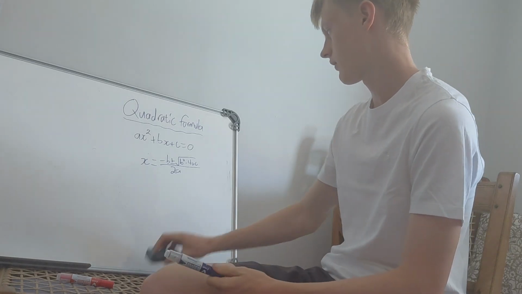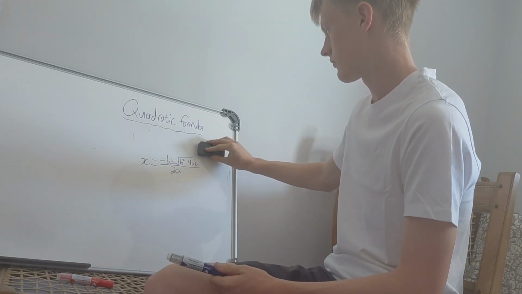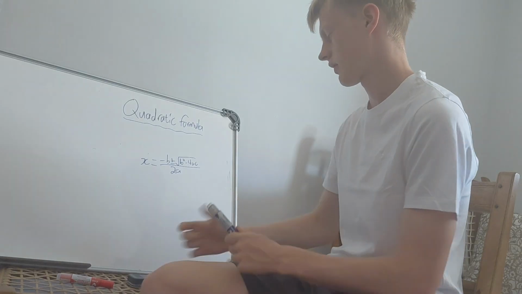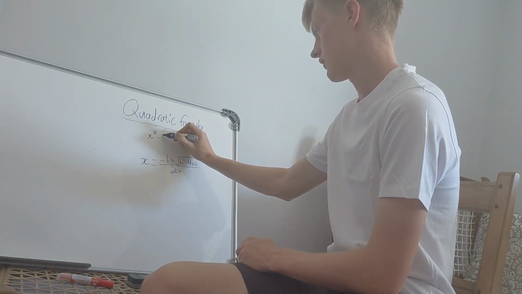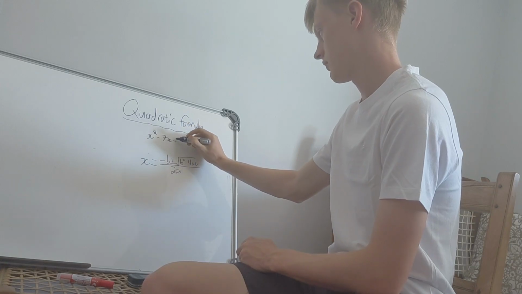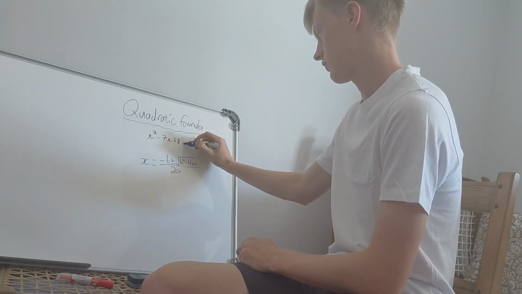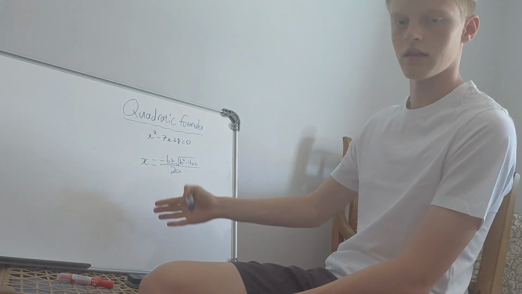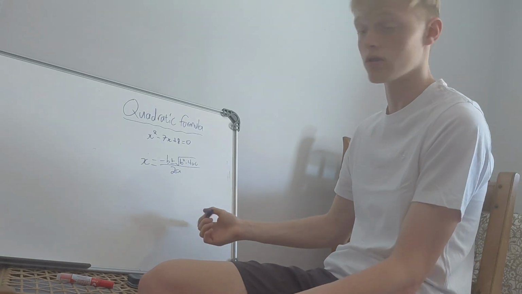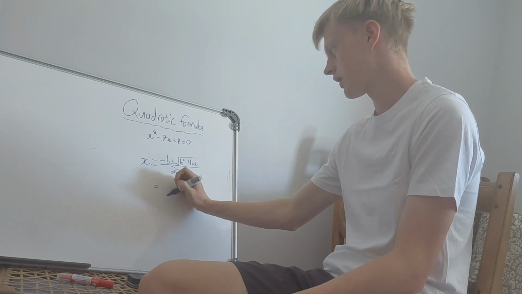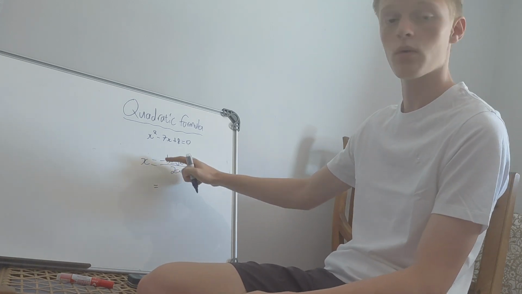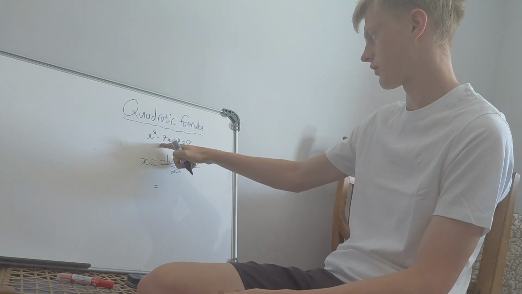Let's say we have a quadratic equation: x squared minus 7x plus 8 equals 0. Here is the quadratic formula, so all we need to do is plug in the right values for each variable. b is the coefficient of the x term, so it's minus 7.